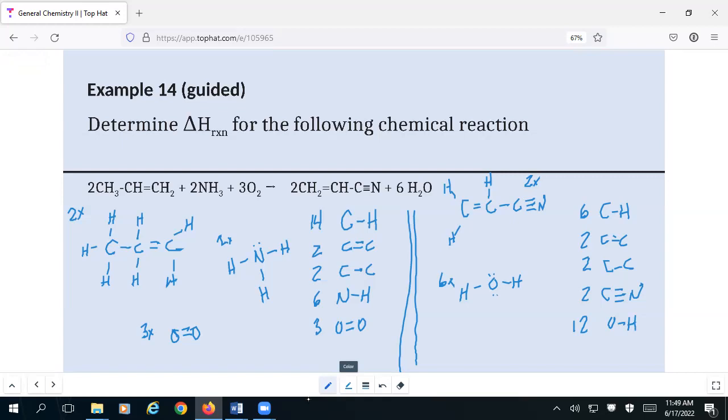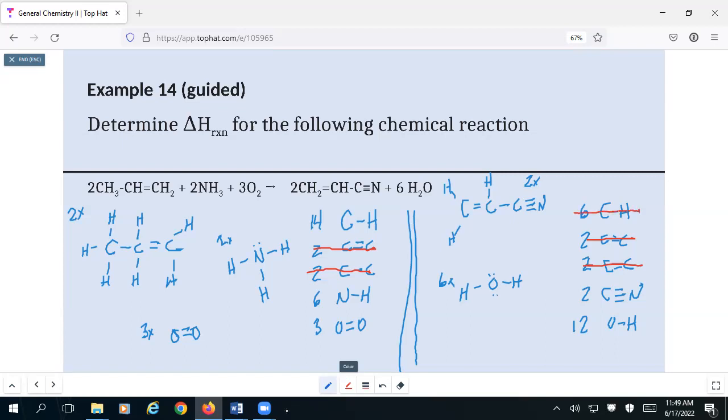Like I said, in the inventory here, there is some redundancy. If we do the inventory like this, we can recognize that carbon to carbon double bond didn't break and it didn't form, so I can cancel it out. That carbon to carbon single bond didn't break, didn't form, cancel it out. Some of these carbon to hydrogen bonds changed, but 6 of them did not.